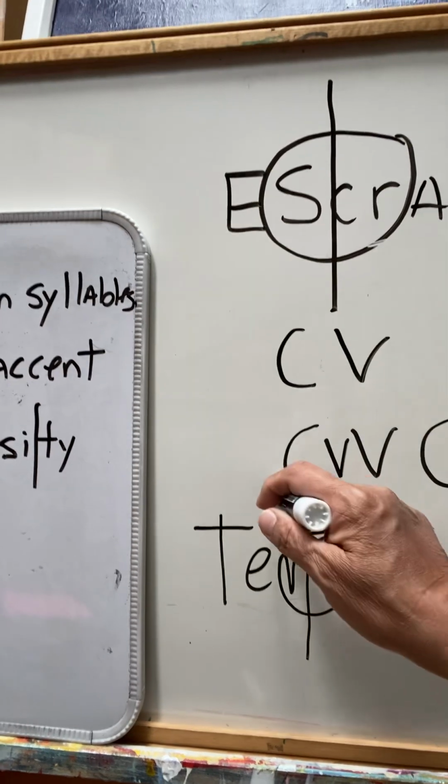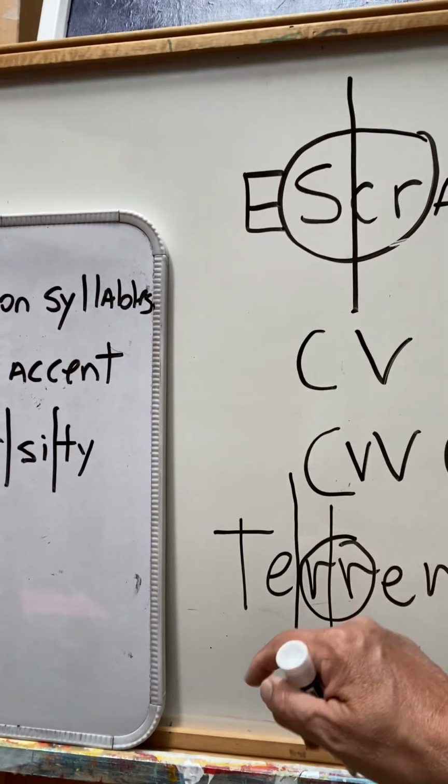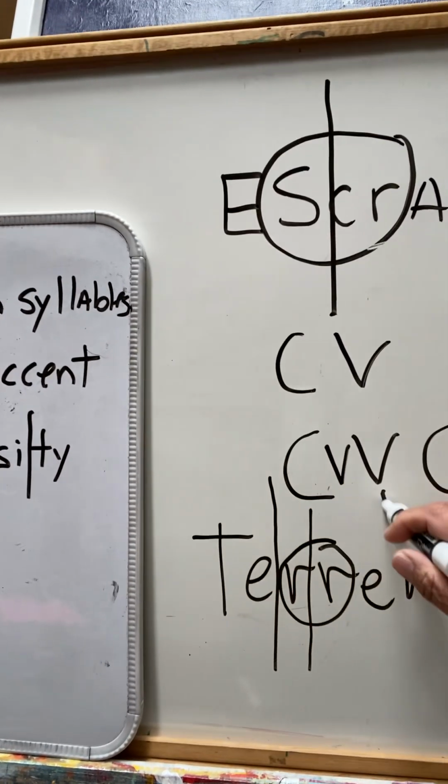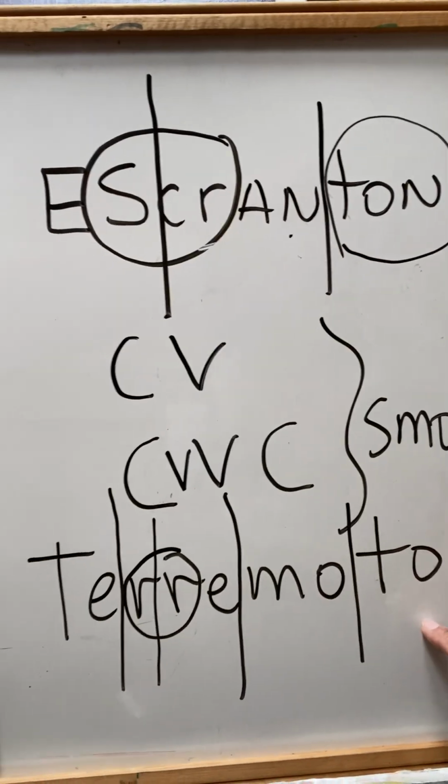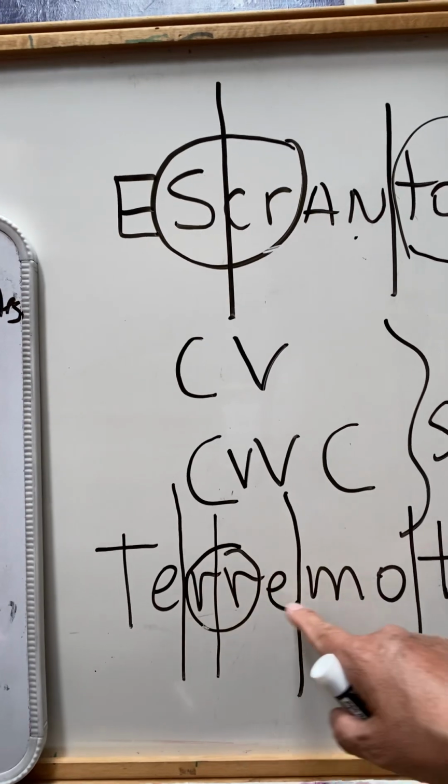So then it must be this way, then te, then re, then mo, and to. So this is what makes it difficult to figure out. So if you know how to divide the word into syllables, you have right there a great thing to start with. But you can't, and you will see that, especially when you start reading.